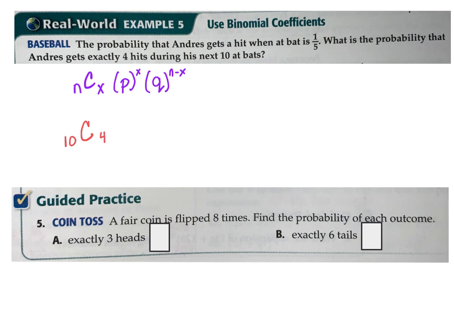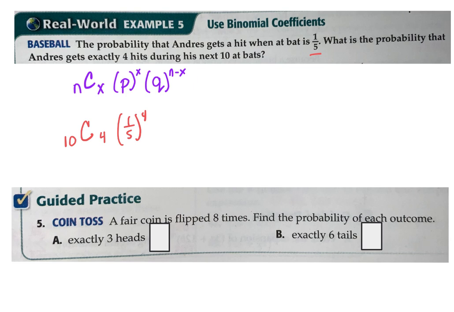The probability that he does get a hit, that's what we want. So what is that probability? They gave it to us. Yeah, it's 1/5. And we're going to take that 1/5 to that 4th power. The probability that he doesn't get a hit, well, if he does get a hit is 1/5. The probability that he doesn't is 4/5. Those should always add up to 1.